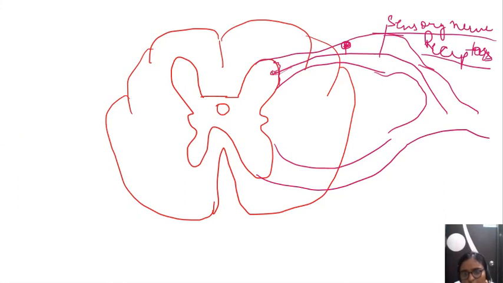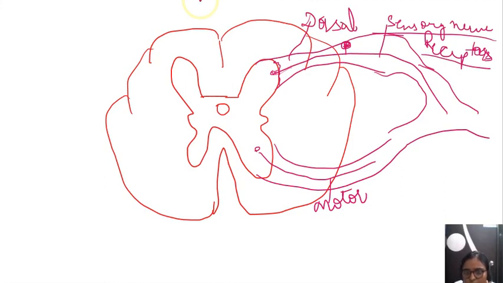From there it passes to the higher centers, that we will see how. And from the higher centers, if the message is given, it will come to the spinal cord, and through the ventral root, which is your motor root, right? And the dorsal root is your sensory root. So from here the motor nerve becomes mixed.